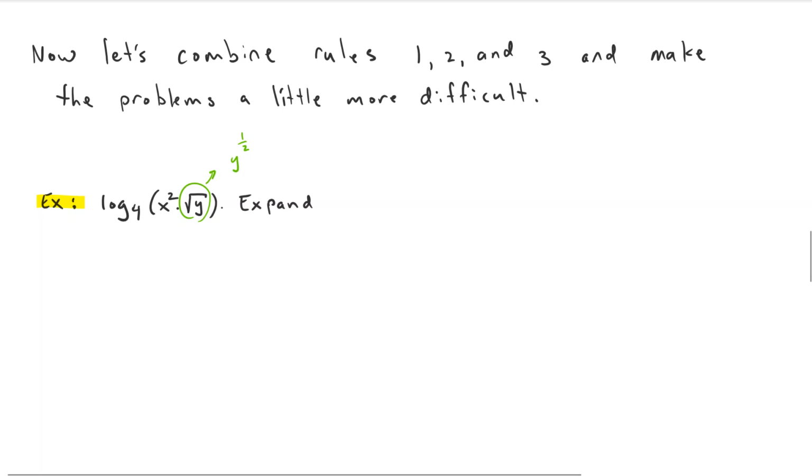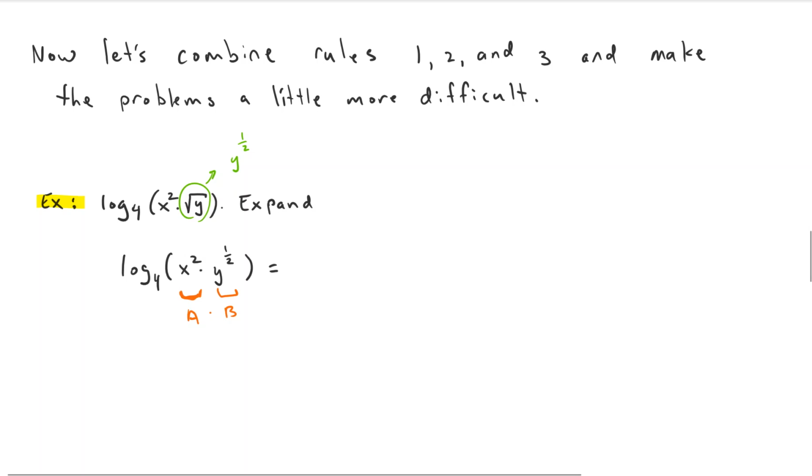So if we rewrite that, log base 4 of x squared times y to the 1/2. Then we can use the product rule because we have the product of 2 things. Notice we have something here, a times b, something else here. Or if you prefer m and n like we used in the rule, we have 2 things multiplied here.